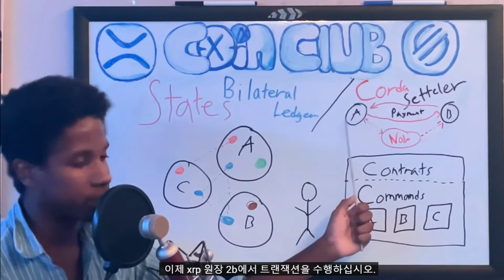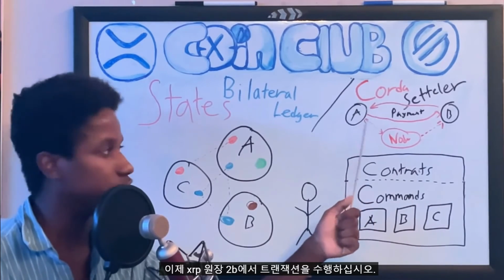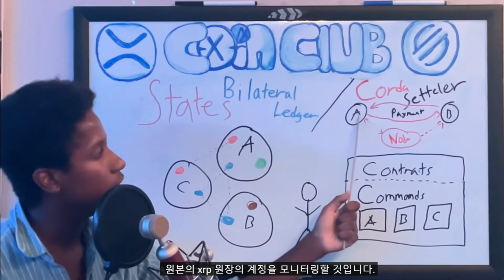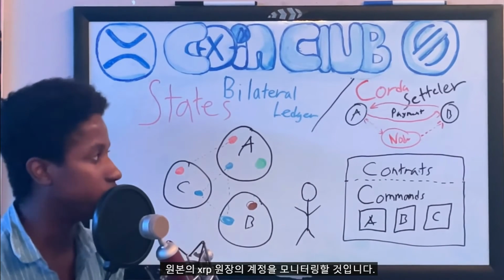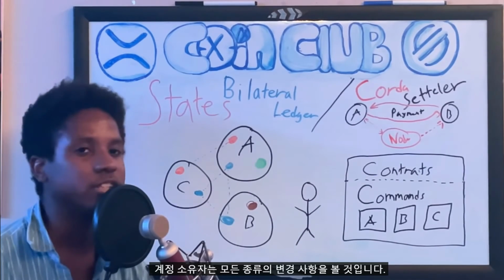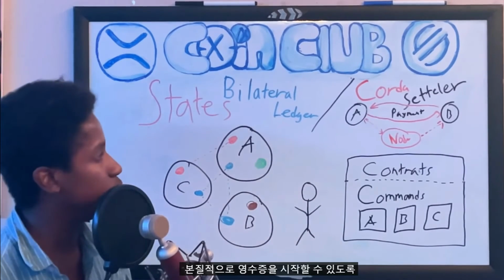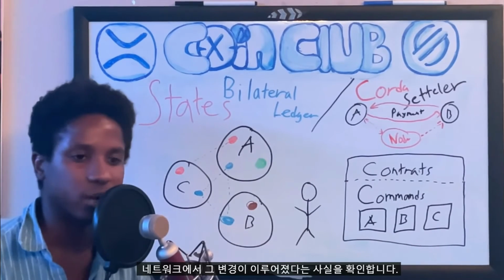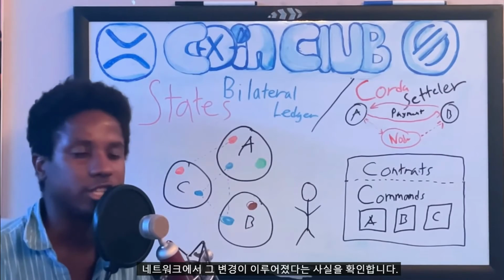A was able to make a transaction on the XRP ledger to B. Now, the Corda node is going to be monitoring the account of the XRP ledger of the original A account holder, and they're going to look for any sort of changes to be able to initiate essentially a receipt on the network settling the fact that that change has been made.